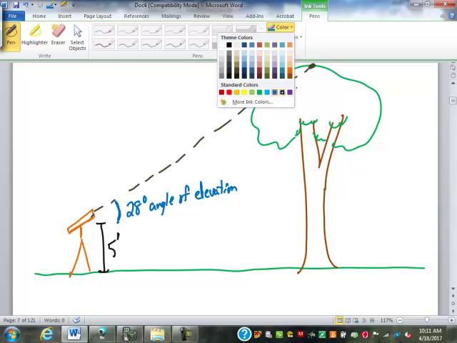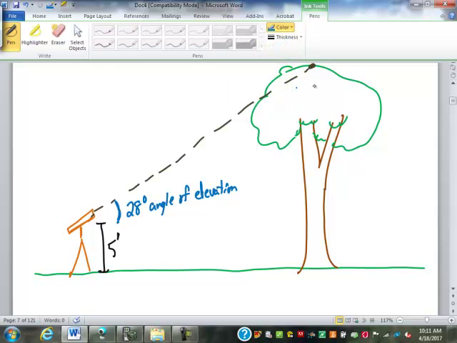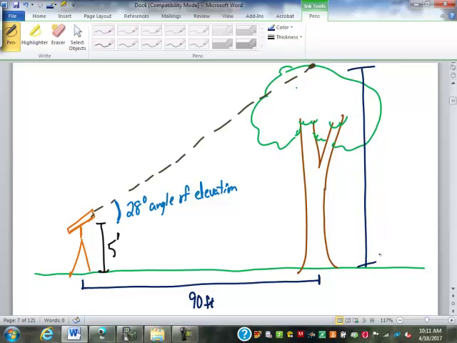Now, the biggest question, of course, is where's our triangle? Well, I do have to give you one more piece of information. Let's say I measure from the center of the trunk of the tree over to the scope, and I get that we are 90 feet away. I want to know how tall is the tree.